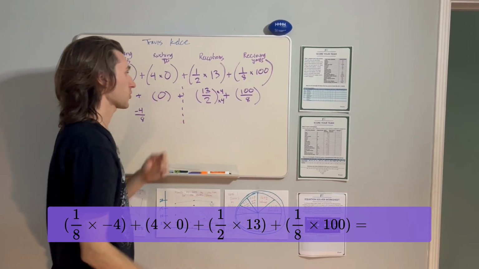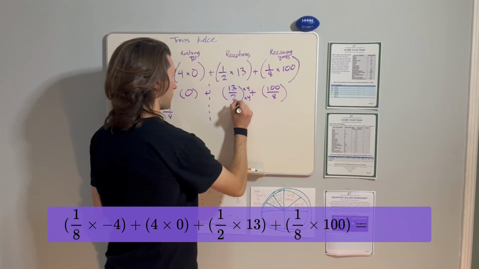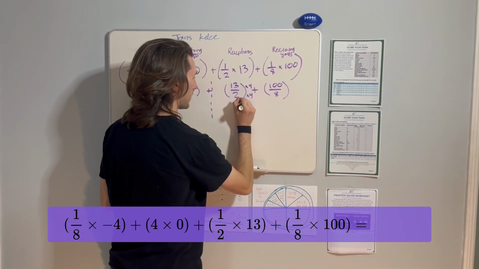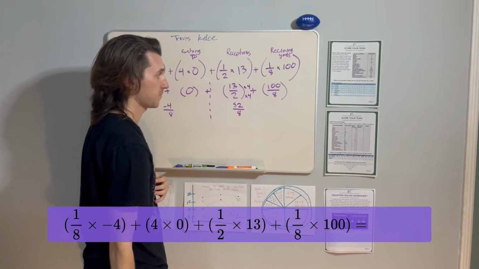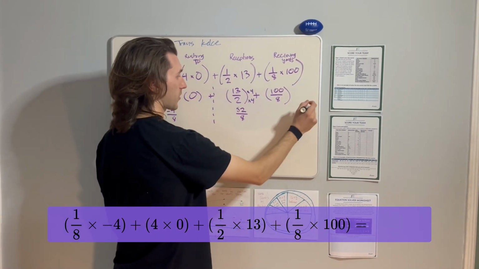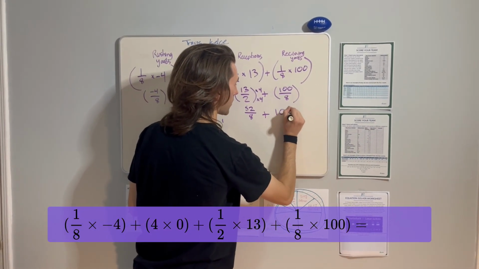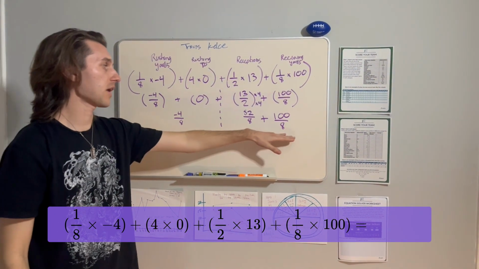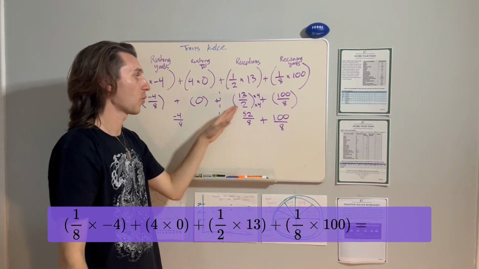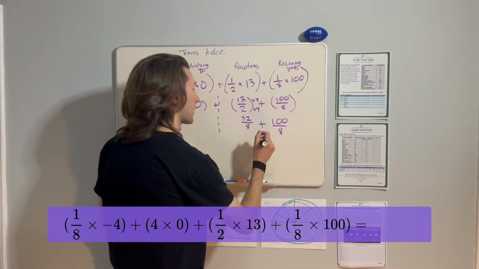Now, let's go ahead and go on to that step. We're left with 52 over 8. This number can maintain, so we've got 100 over 8. Now that our denominators are the same, we can just add the numerators with nothing else different.